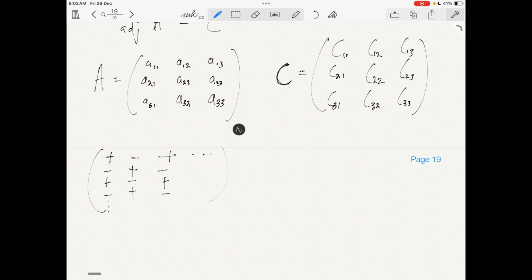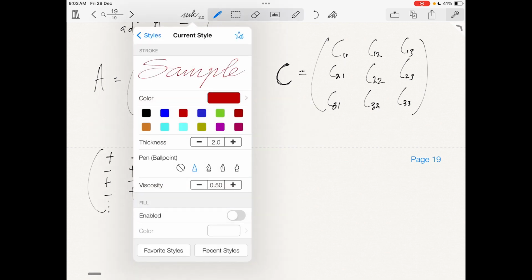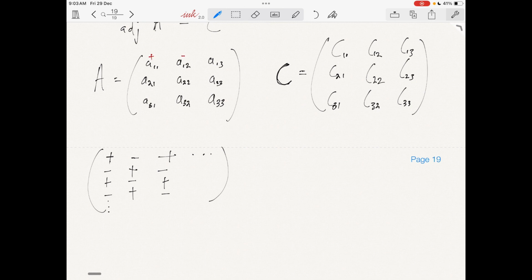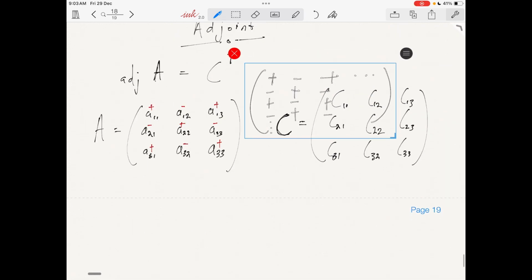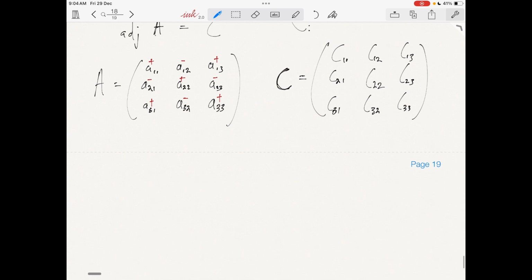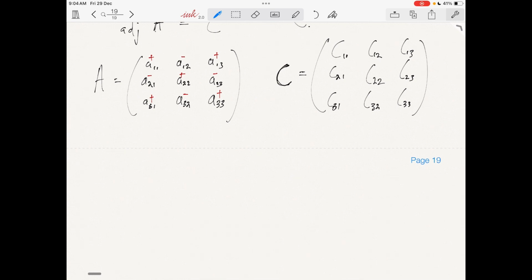So for this matrix it is plus minus plus, minus plus minus, plus minus plus. Remember that two common signs will not follow each other. The next thing to do after understanding this is to pick a cofactor.